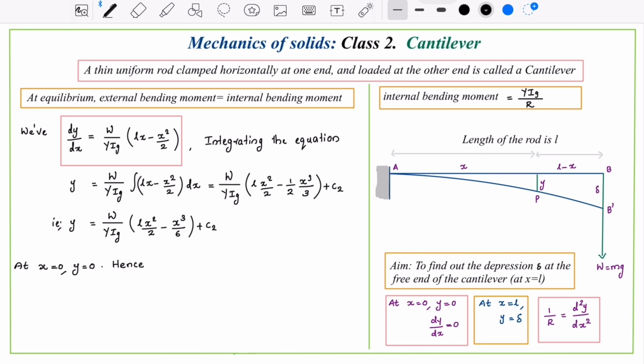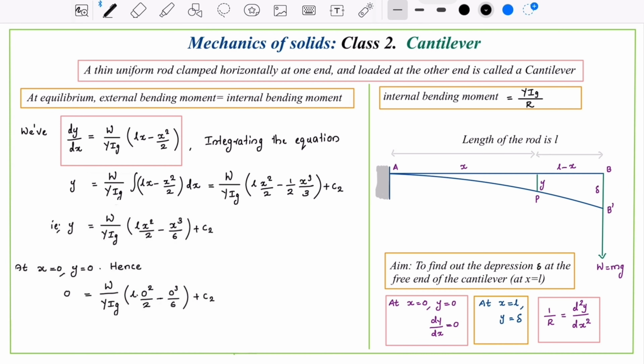Hence 0 is equal to W divided by YIg, here Y is the Young's modulus, into, now substitute for x is equal to 0, L into 0 square by 2 minus 0 cube by 6 plus C2. This implies that 0 is equal to C2, or C2 is equal to 0. Again, the constant of integration is 0.